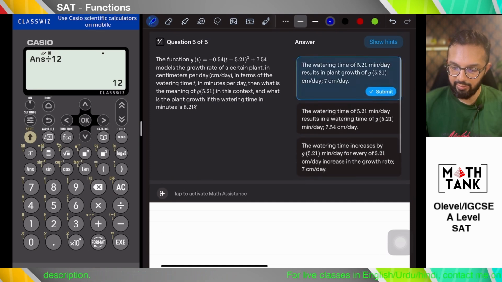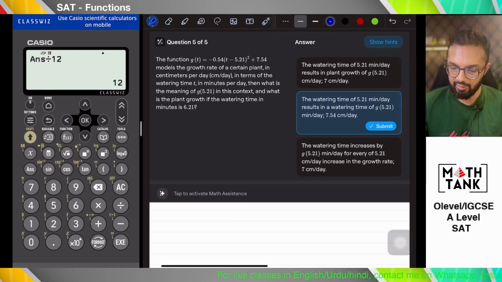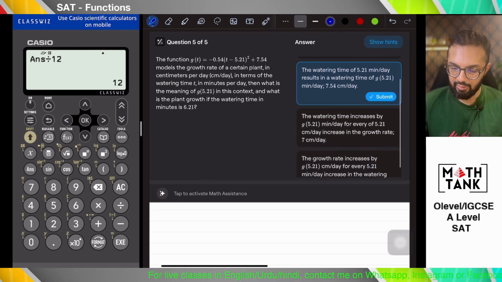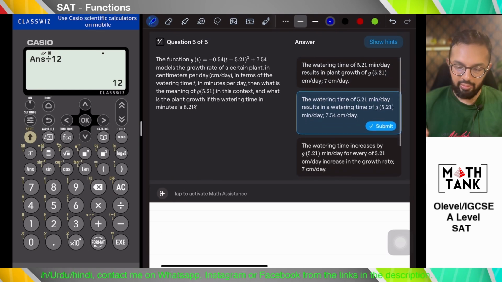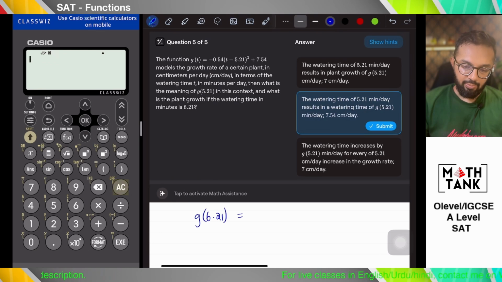So that could be the correct answer, per day. And what is the plant growth if the watering time in minutes is 6.21? So I'm asking you for 6.21. Very complicated in terms of how it's written.